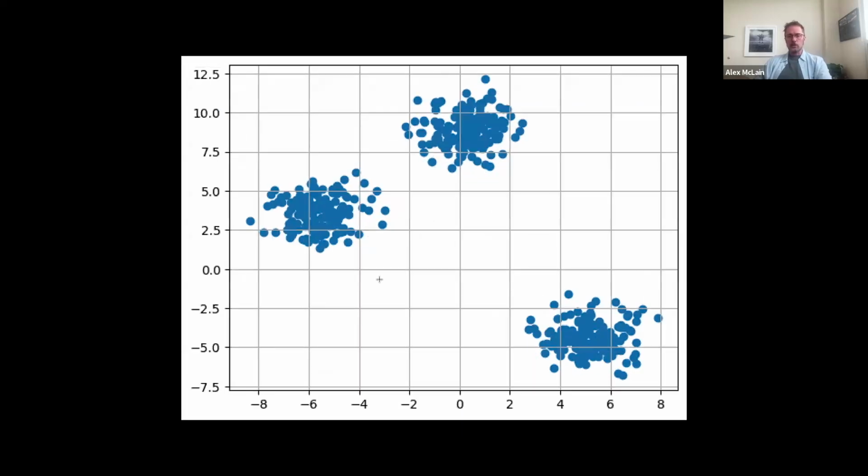This data has only two variables, and there are clearly three clusters of data points. So a nice simple setting. How clustering works is we pick. So let's say we're clustering these into three groups.